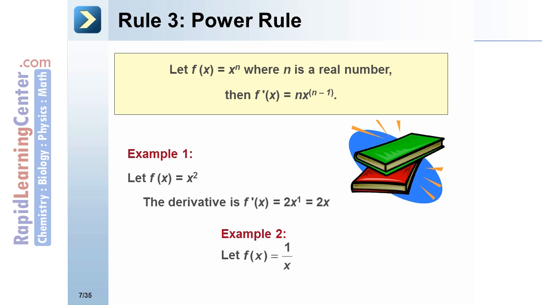Example number 2. Let f of x equal 1 divided by x. This can be rewritten as x raised to the -1 power. Applying the power rule to this gives us the derivative f prime of x equal to -1 times x raised to the -1 minus 1 power, which becomes the exponent -2.